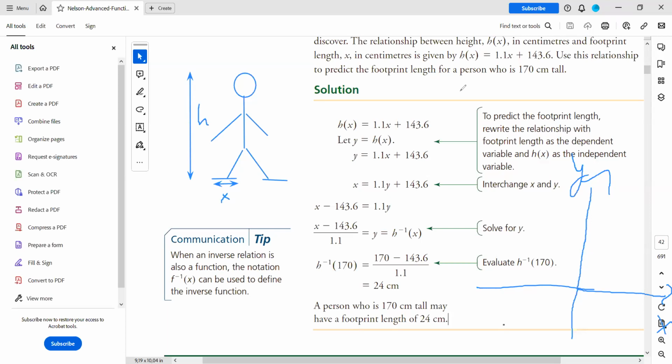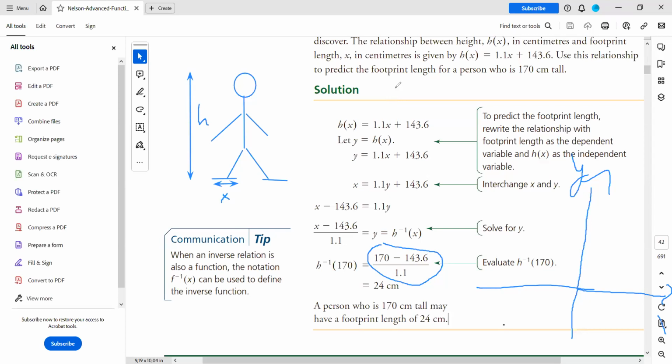But you can do that as well by simply, look, we want to express x from here. So we subtract 143.6 from left and right, and we divide by 1.1 left and right. And we're going to get exactly the same relationship, but we kept x as the length of the footprint to the right, and h of x as the height to the left.